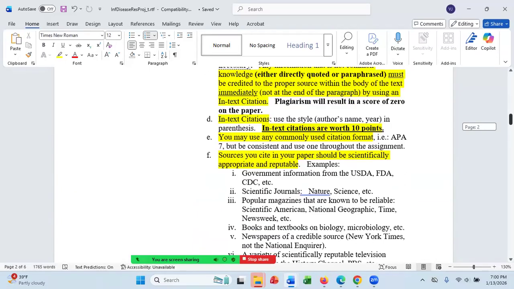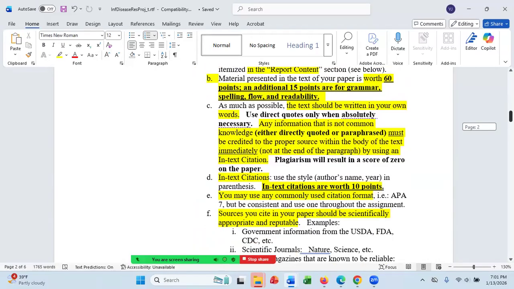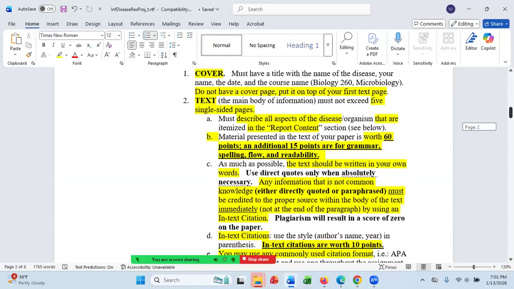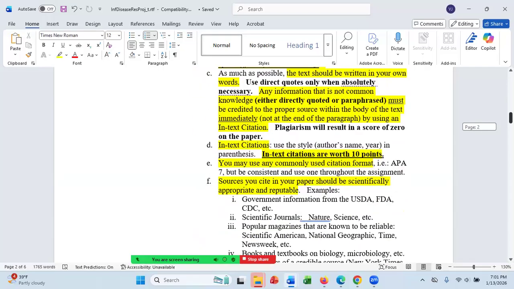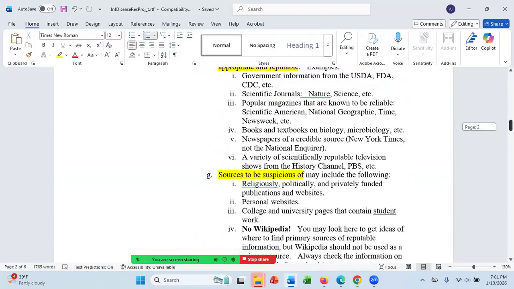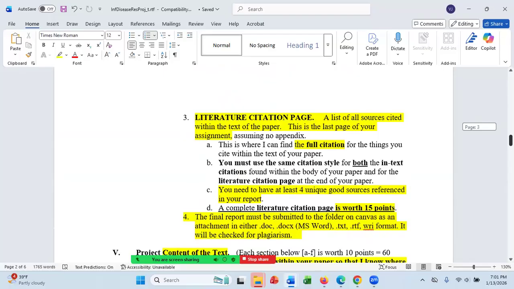All right, any questions about what you can cite, what you must cite? I'm not seeing in here how many citations I need. I'll look down below and see if I find it there.